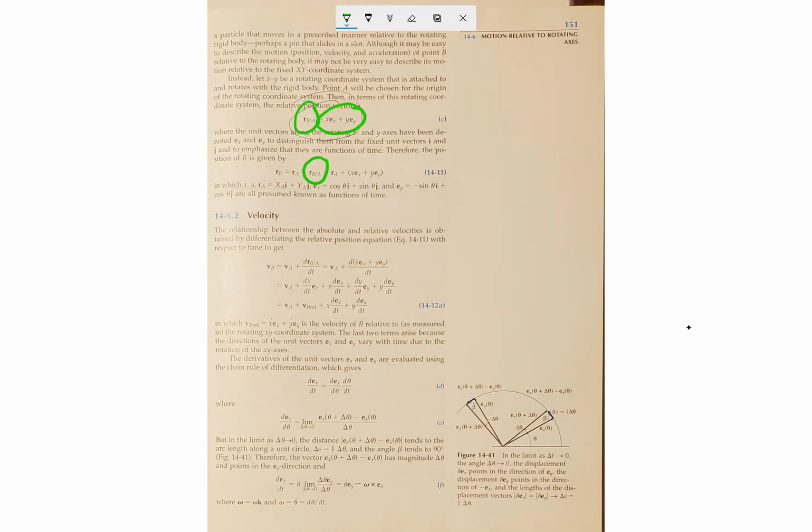So they say here in the description below equation C, I guess it's 1410C, this is the equation I'm talking about, that the unit vectors along the rotating x and y axes have been denoted as e hat sub x and e hat sub y to distinguish them from the fixed unit vectors I hat and j hat. So these are the I hat and j hats that are rotating.